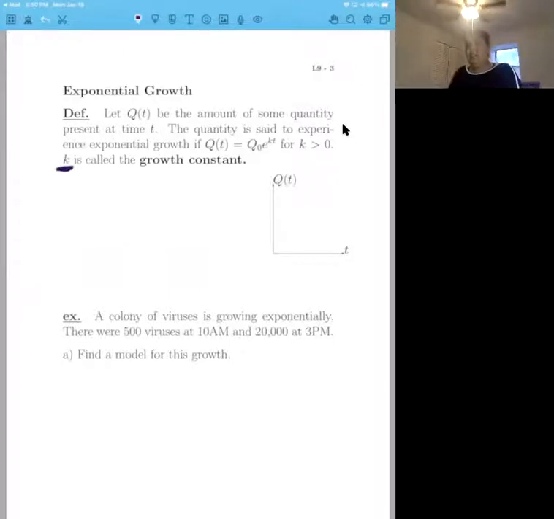And if something is growing exponentially, I have an exponential growth function where Q naught is the initial amount.